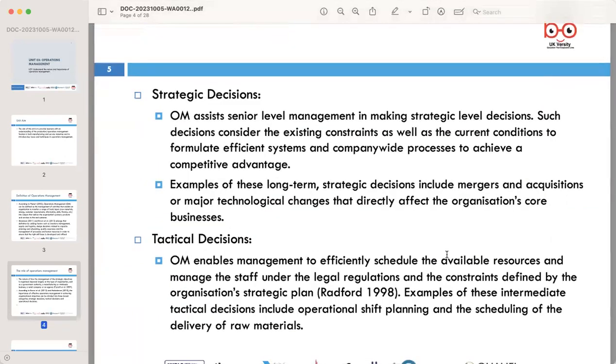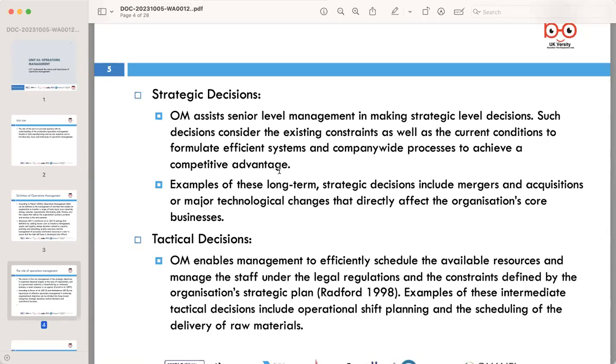Strategic decisions. OM assists senior level management in making strategic level decisions. Such decisions consider the existing constraints as well as the current conditions to formulate efficient systems and company-wide processes to achieve competitive advantages. So operation management plays a vital role in assisting senior level management with strategic decision making.